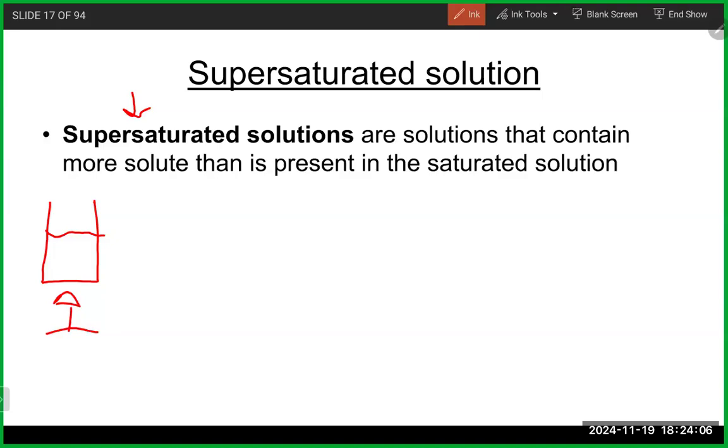As you're heating up the solvent, that's going to increase the temperature, which means when you take your solid you want to dissolve in there, you're going to be able to dissolve a lot more solid than you could at room temperature because you're heating it up. So what you do is you heat up the solution and then you pretty much just saturate the heck out of it, dissolve a bunch of solid in there at the higher temperature.